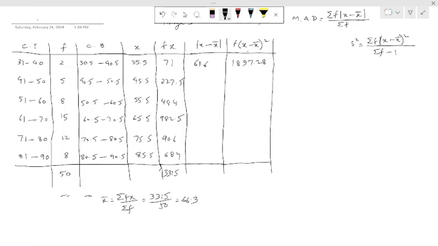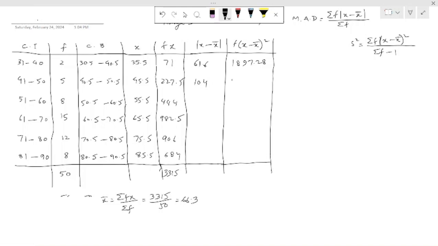And then for the second value, 45.5 take away 66.3 gives us 20.8. 20.8 times 5 gives us 104. And then for raising it to square, again multiply this answer by 20.8.